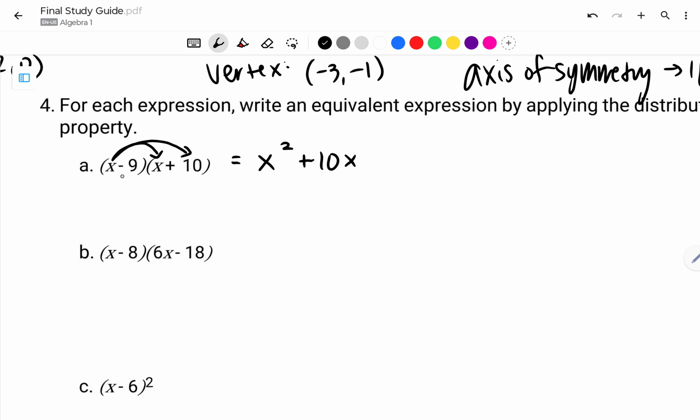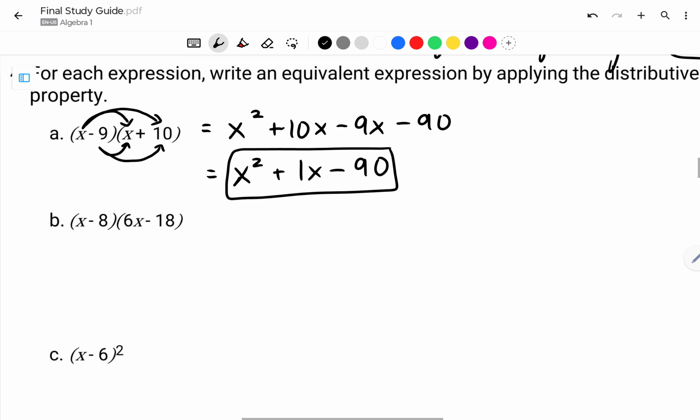Now I multiply the negative 9 by the x, minus 9x. Negative 9 by the 10, that's negative 90. I have some like terms I can simplify. x squared plus 10x minus 9x. 10x minus 9x, that's just 1x, right? Minus 90. That's it. That's your answer.